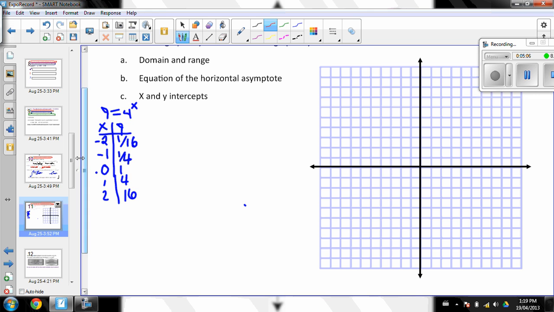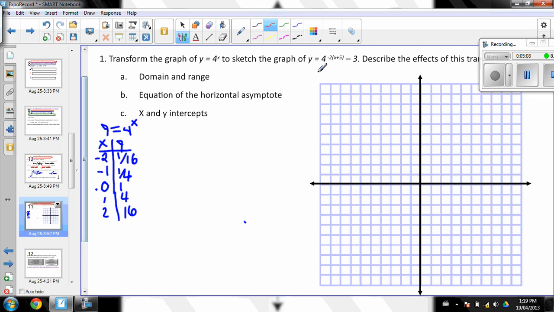So our next step in transforming this, we are going to do our stretches. So we have one stretch, it's right here, and that is actually within our function. So we need to multiply our x values because it's not out front, it's within our brackets. So we're going to take all of our x values and multiply them by negative 1/2.